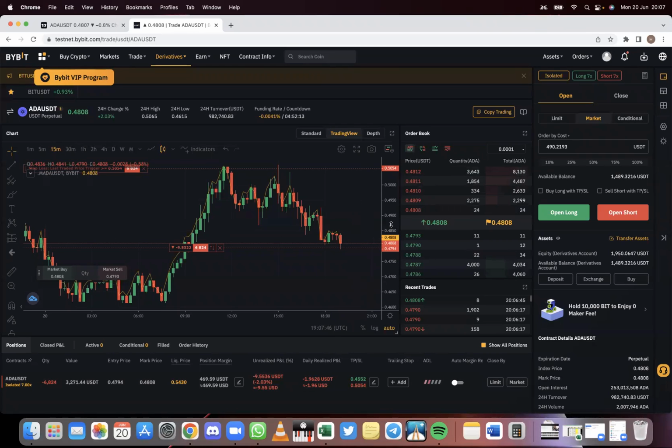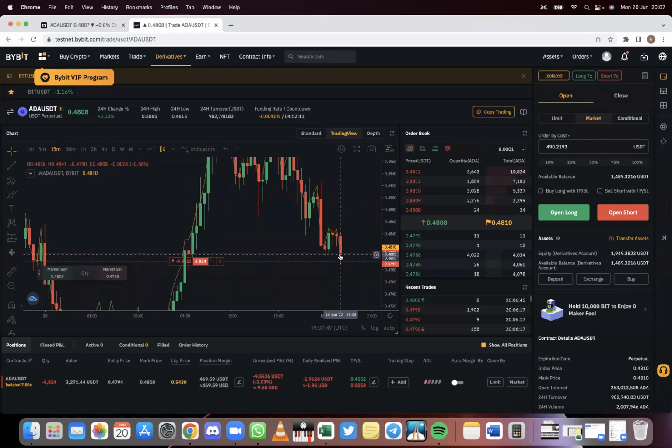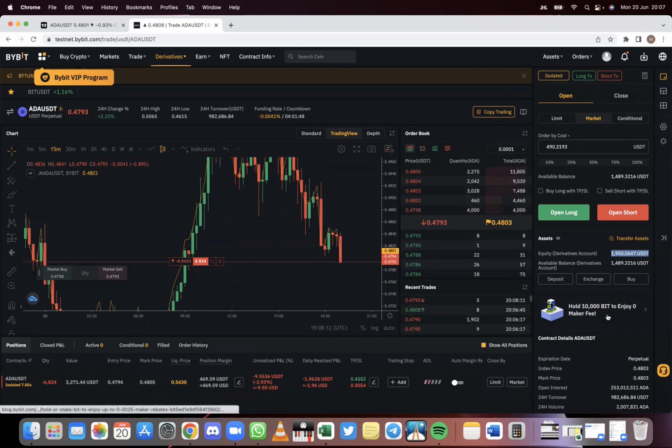When you look at this very carefully, there's a dotted line. When the price gets all the way there, which is your 2%, it closes your trade, and then you make your profit. You realize that you made a profit by checking the balance here, that your balance has increased, meaning that you made a profit on that. That's it, and then you accumulate it. But this is just the testnet you're trading in.